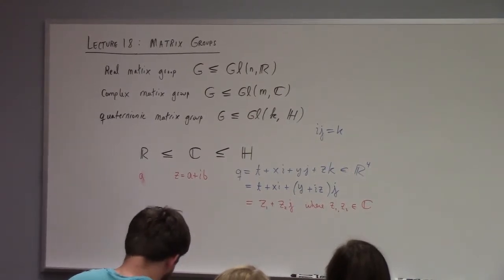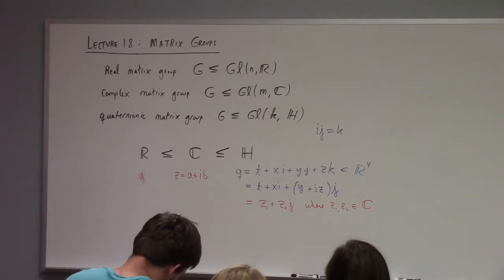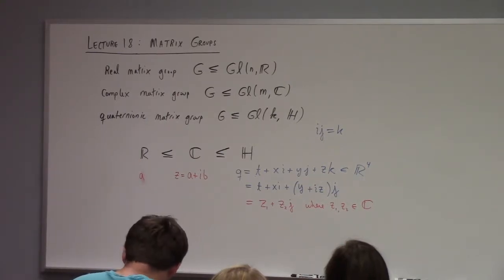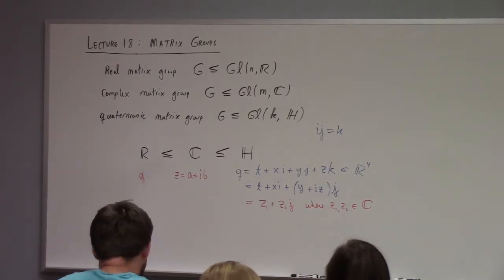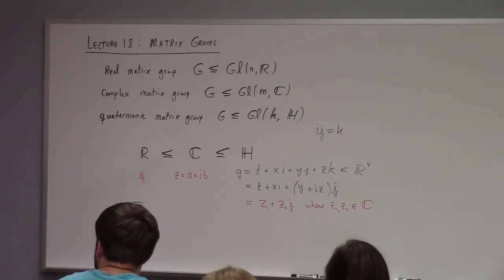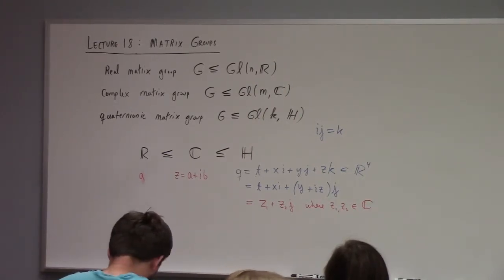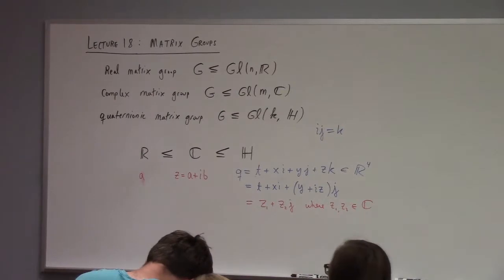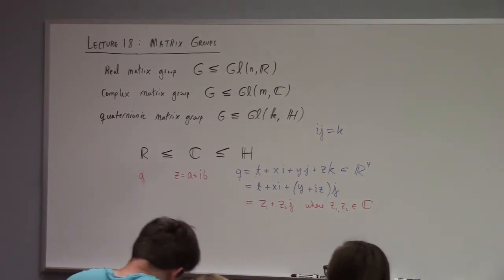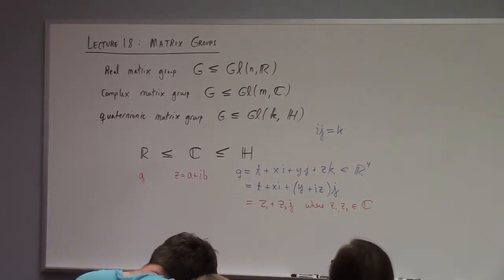You might ask, does this story go on? Are there other associative division algebras? An associative division algebra, what is that? It's a set which is a vector space, all right? So you have a way of adding things, and you also have a way of multiplying things in an associative fashion. An associative, and what's division? Division algebra means that every non-zero thing has an inverse.